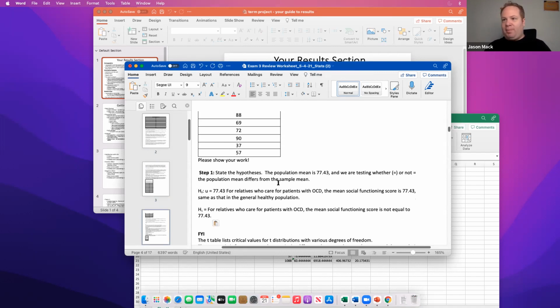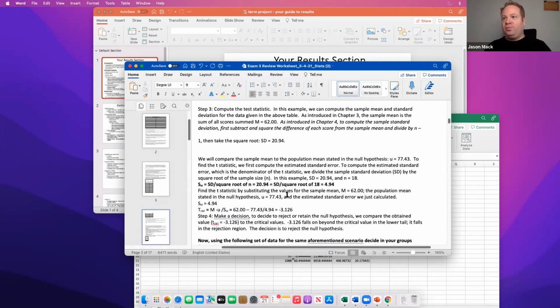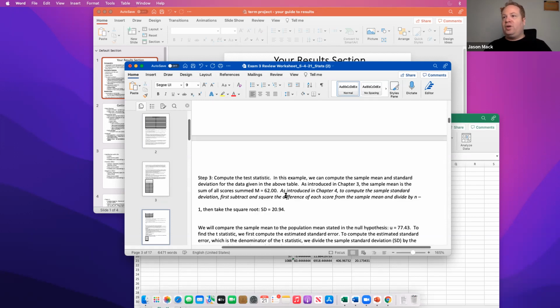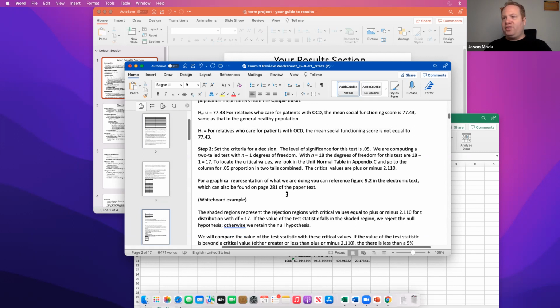Same hypotheses. The population mean is 77.43, and we are testing whether or not the population differs from the sample mean. Null hypothesis, it's the same. Alternative hypothesis is not. Now, the next thing we need to do is set the criteria for this decision. Again, that's the same. The level of significance is 0.05.